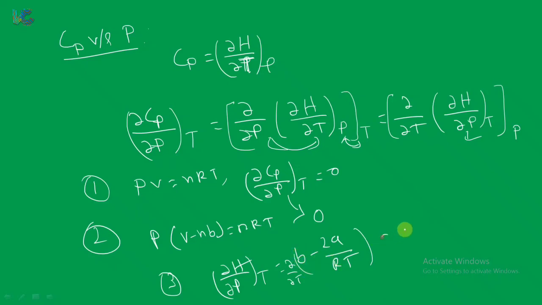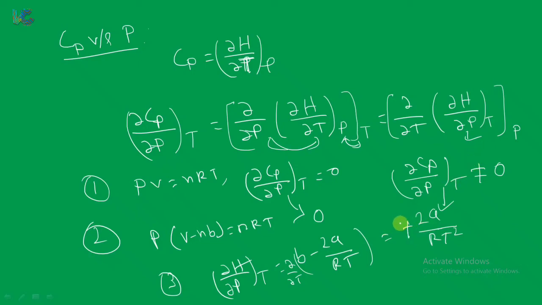You will get minus 2a/R, and 1/T with respect to T will be minus 1/T². That means this will be 2a/RT². So ∂Cp/∂P at constant T for 1 mole of Van der Waals gas is 2a/RT². That means this value is not equal to 0, so there will be variation of Cp with respect to P at constant temperature for the Van der Waals gas.